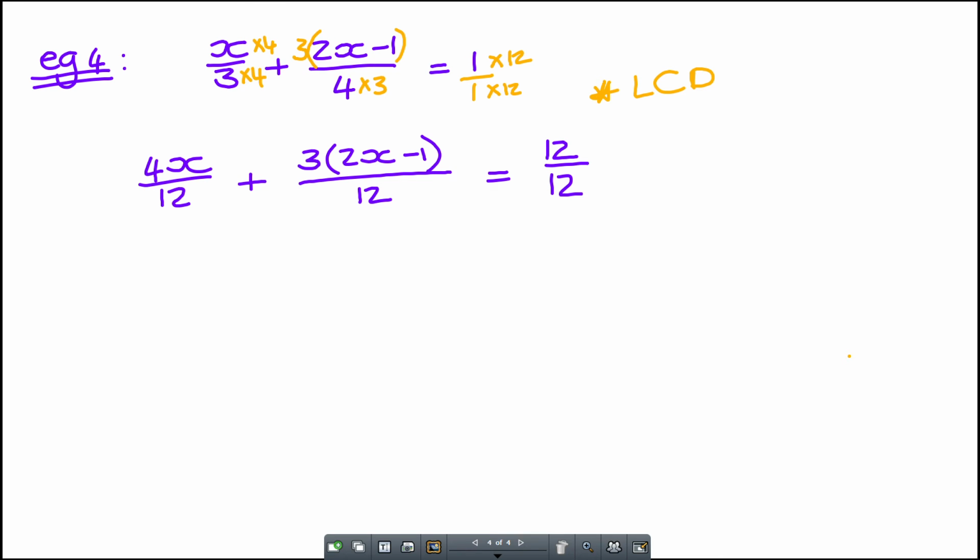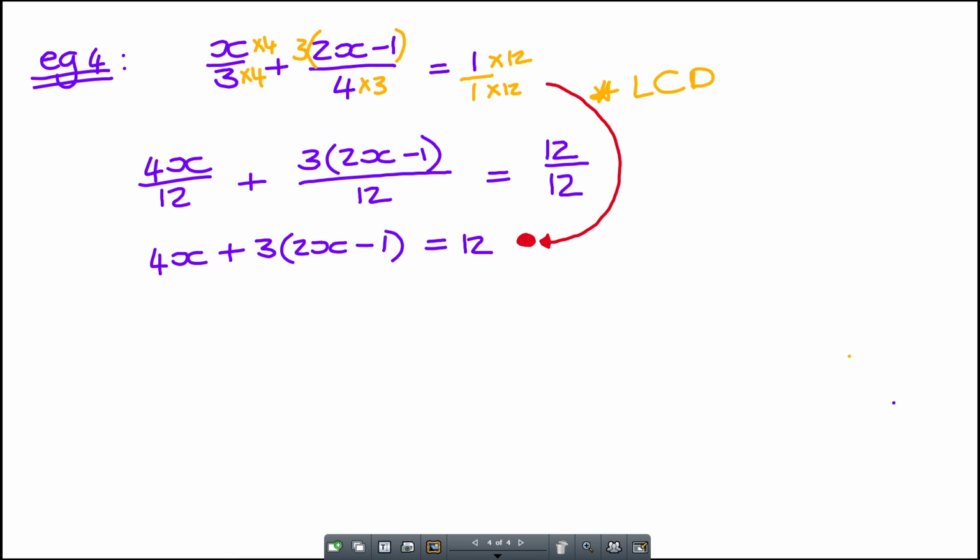So you could skip that step totally and just go to 4x plus 3 times 2x minus 1 equal to 12. You can skip directly to this step. From there, go to that one. Okay. If you are comfortable with it.